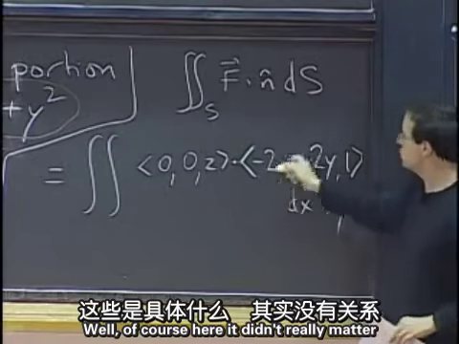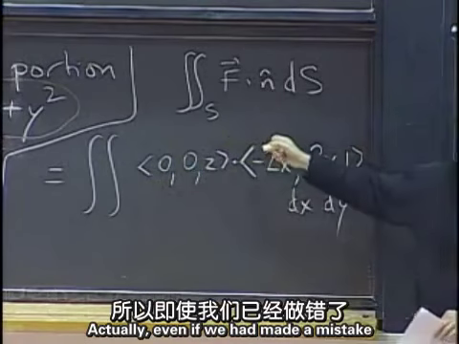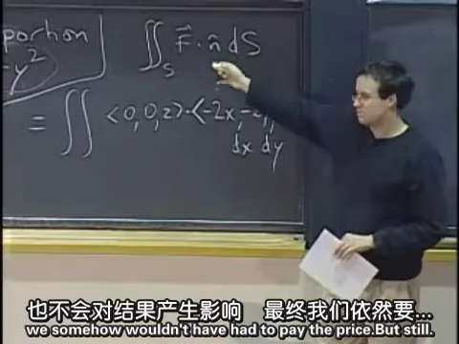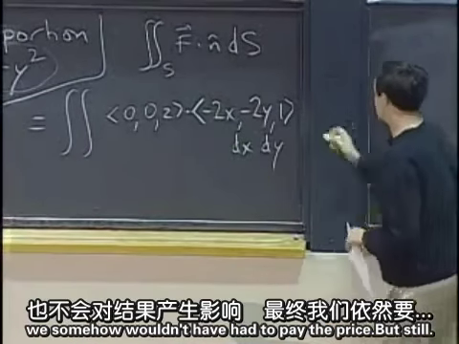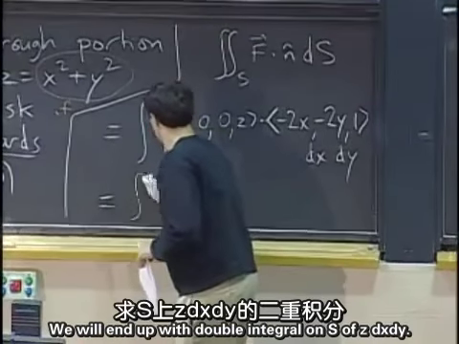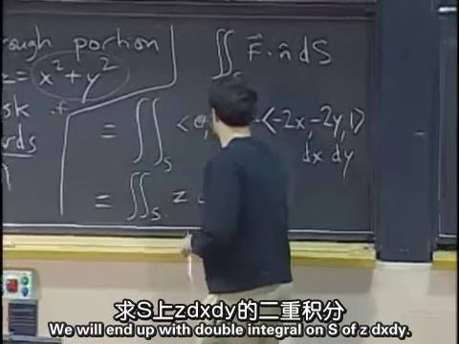Well, of course, here it didn't really matter because we're going to dot them with 0. So even if we had made a mistake, we wouldn't have had to pay the price. But still, we'll end up with double integral on S of z dx dy.